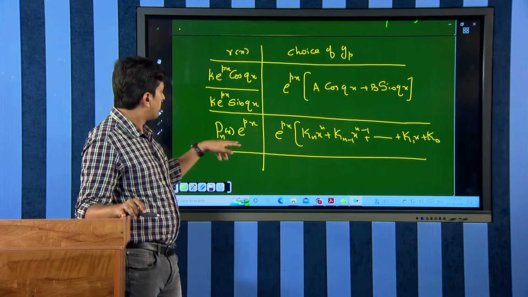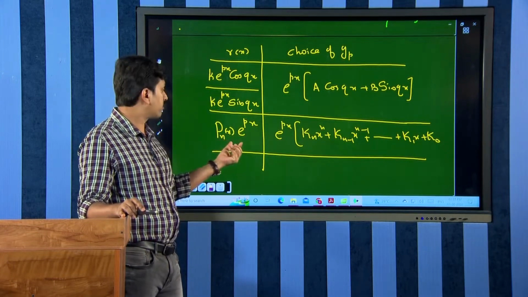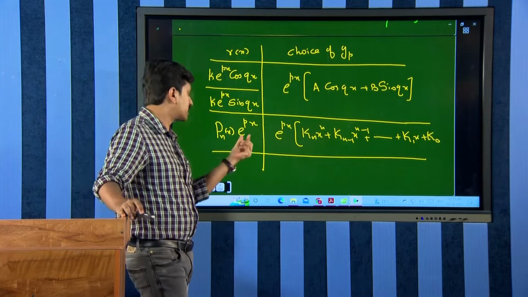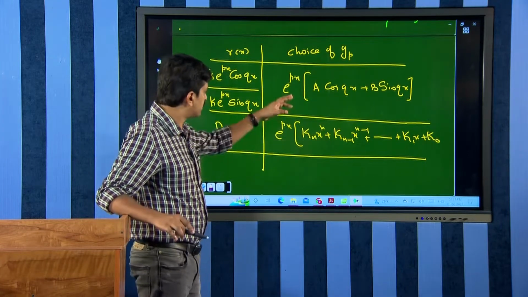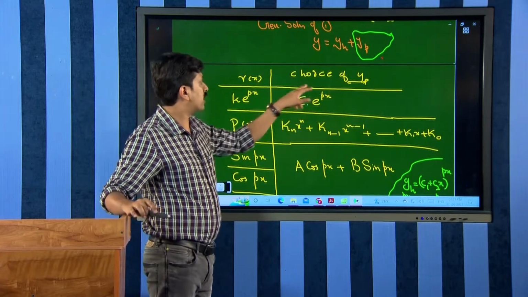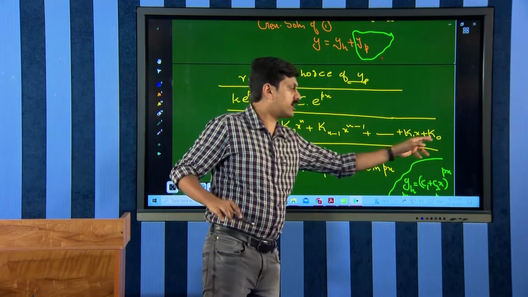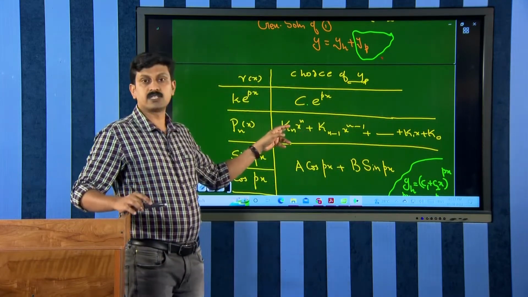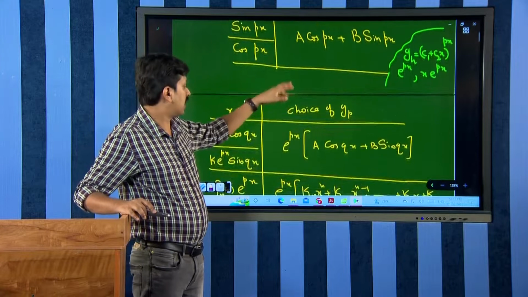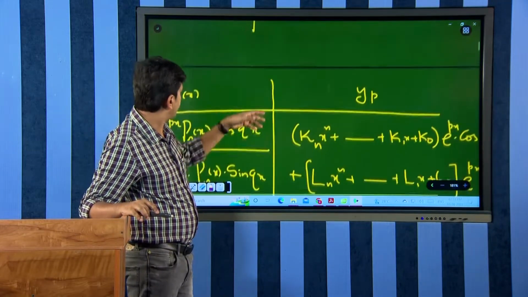Similarly, if r of x is the product of an nth degree polynomial and an exponential function, we just multiply the choices for yp that we already found for each, and their product is the choice for yp.